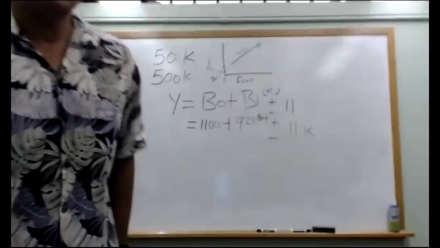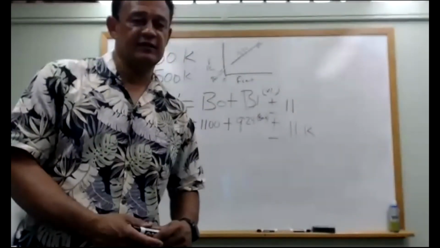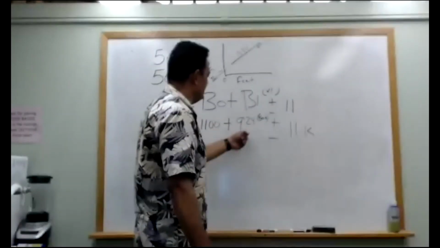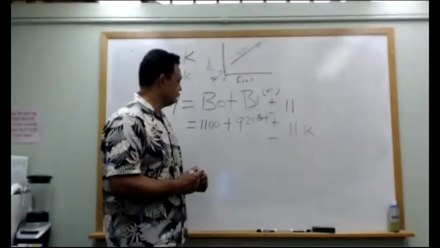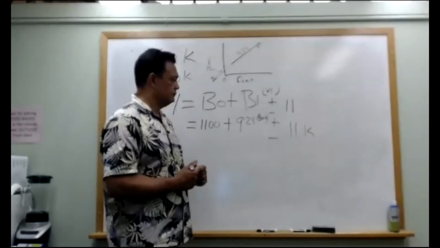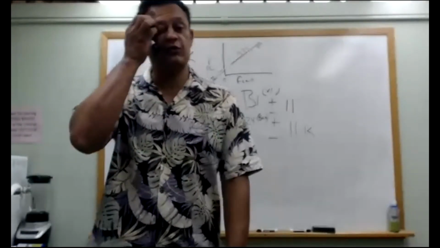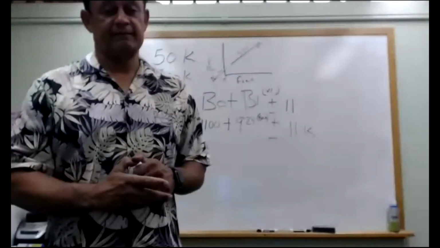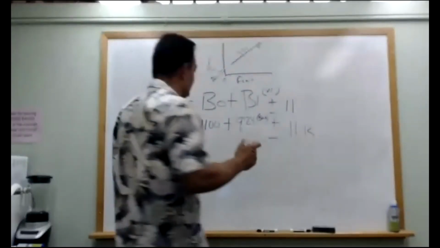Can you do me a favor, Moana? Do you have a smartphone with a calculator? Okay. Can you multiply $9.24 times 50,000? What is that? It's 462,000.